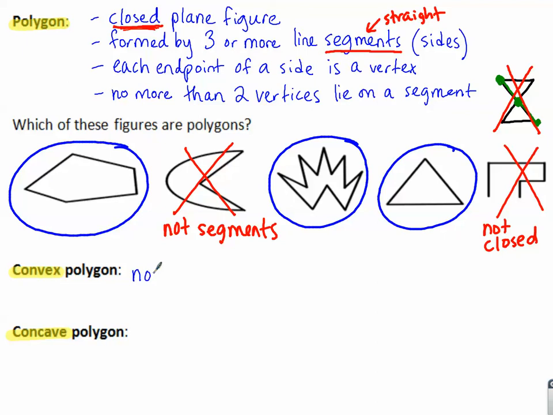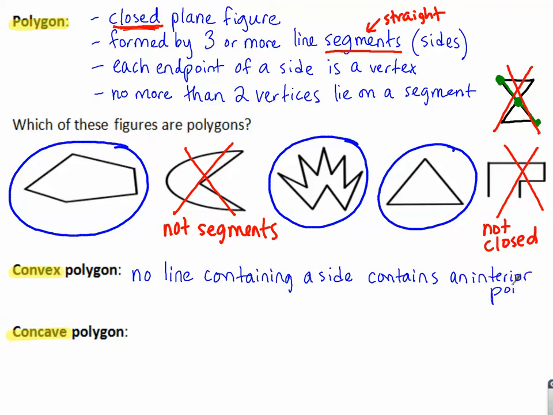Convex is defined as the following. No line containing a side also contains an interior point. What does that mean?